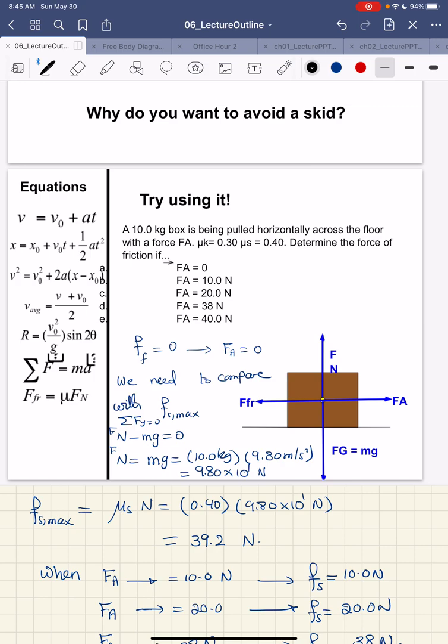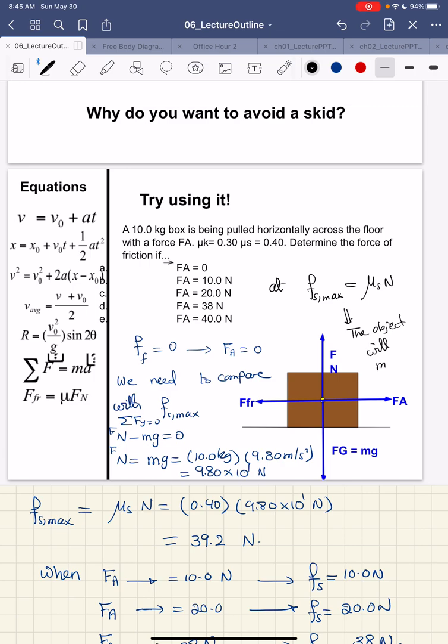Always we need to compare the forces with Fs maximum, because at Fs maximum, which is mu s times the normal, after that the object will move.